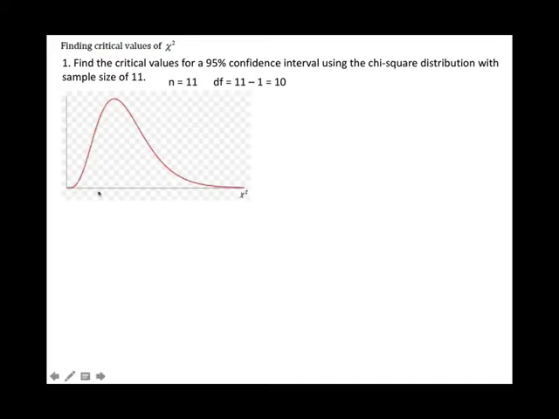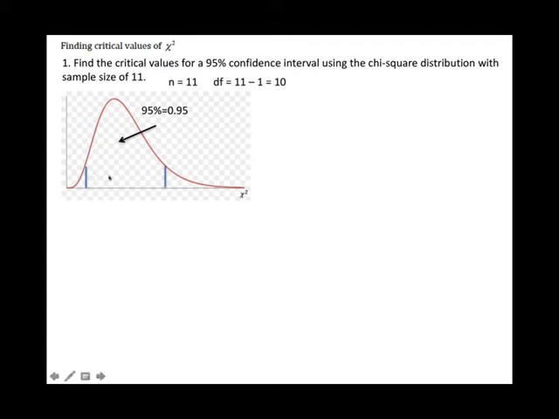That will be n minus 1, so the degrees of freedom is equal to 10. We're working with the chi-square distribution, so remember it is skewed to the right, with a longer right tail. And we have the 95% confidence level, so 95%, or 0.95, is in the middle.